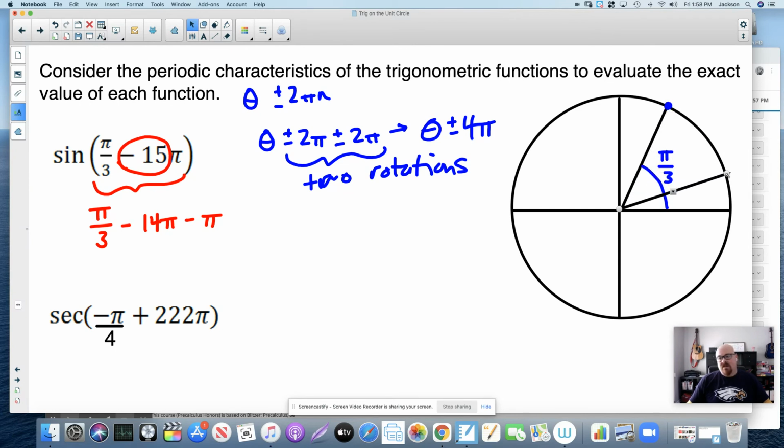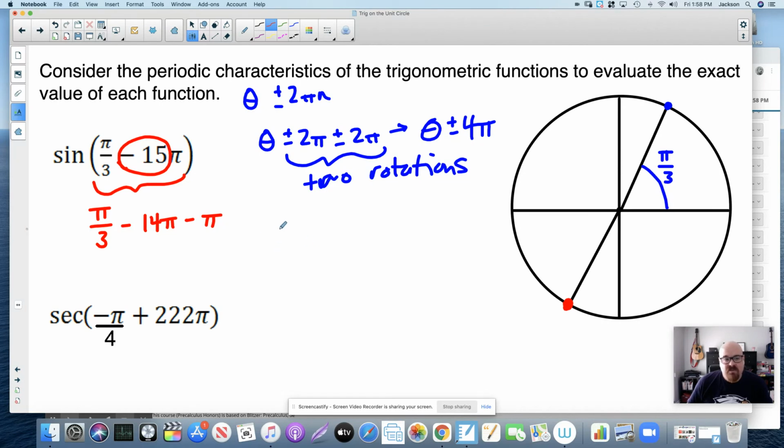Then if I subtracted another pi, what's pi? Pi is 180 degrees, so that's only half of a rotation, which puts us down here. It's still on this diameter. It's still a pi over 3 angle, but now it's down here in quadrant 2.